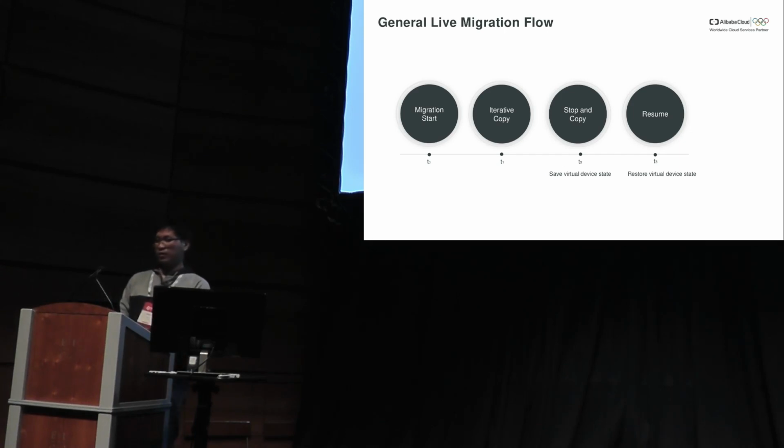And at the stop and copy stage, stop the device if the condition is reached, send the remaining dirty pages to the destination and resume the VM on the destination. Also, we should save the virtual device and restore the virtual device state on the destination.